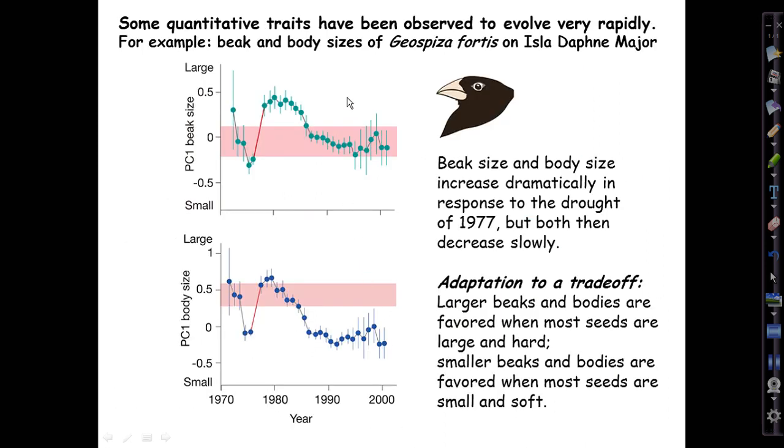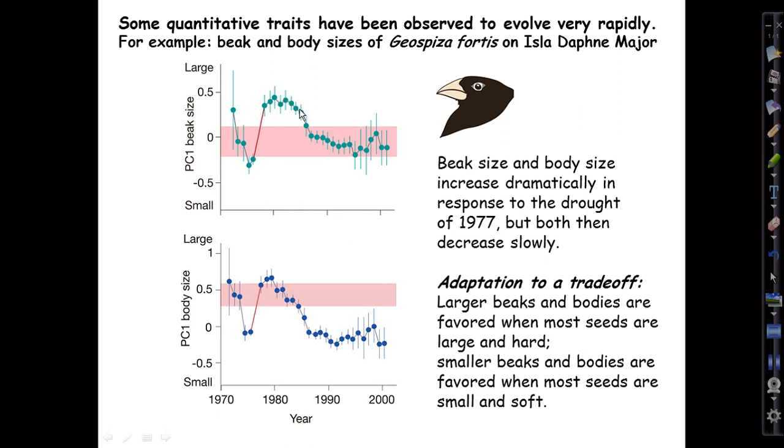As we've seen, quantitative traits do often evolve very rapidly. We spent some time looking at the famous beak and body size response of the medium ground finch to the big drought of 1977 that selected really hard for larger beak and body sizes in the population on East Daphne Major. We won't belabor that. You've seen these before.